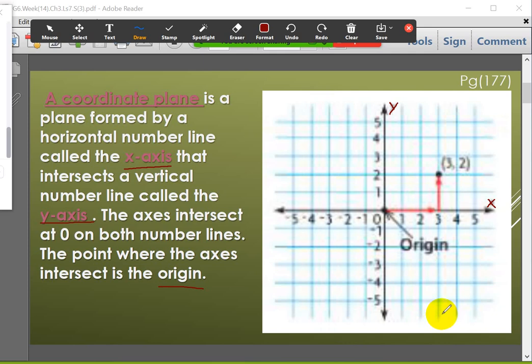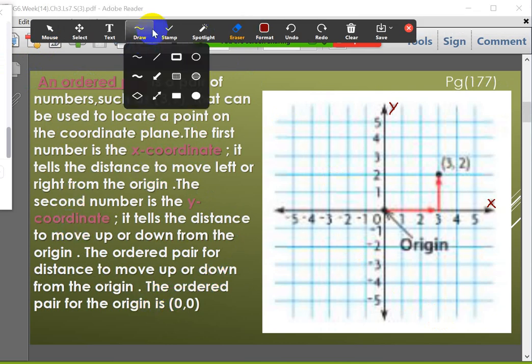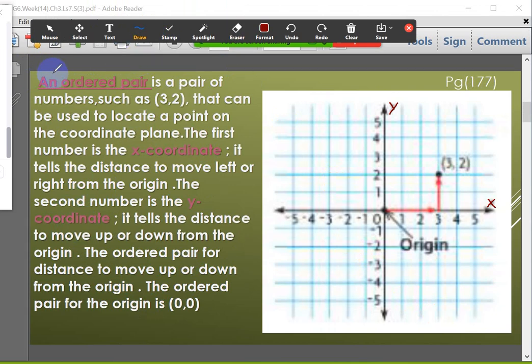Okay, now let's move to an ordered pair. I want you to focus with me, please. What is an ordered pair?